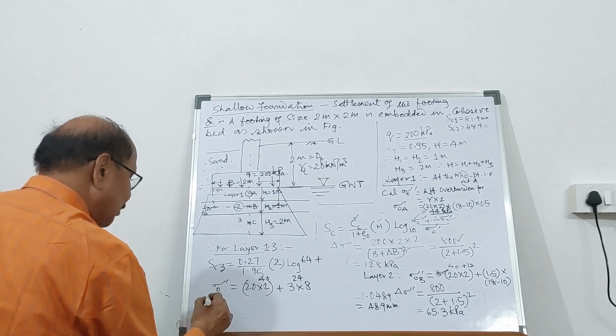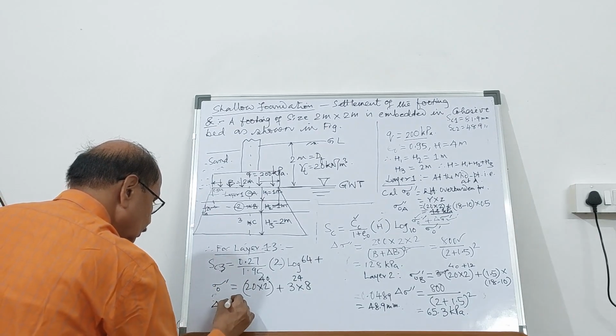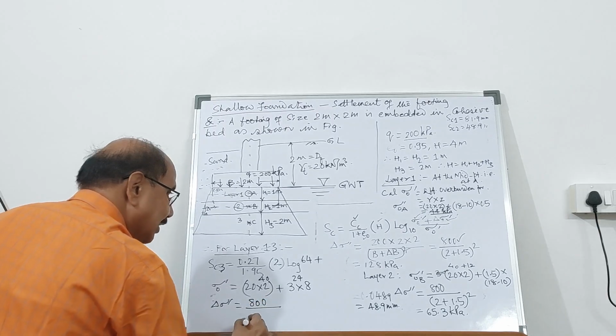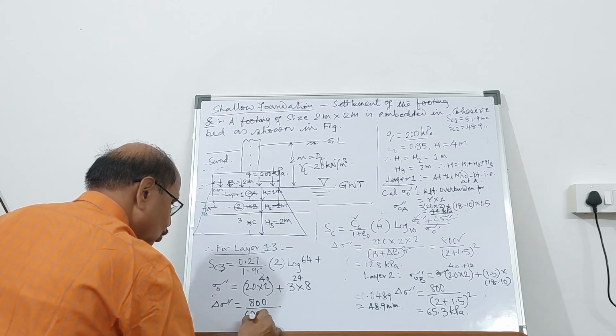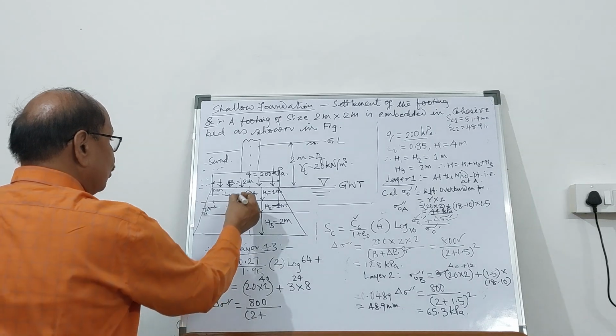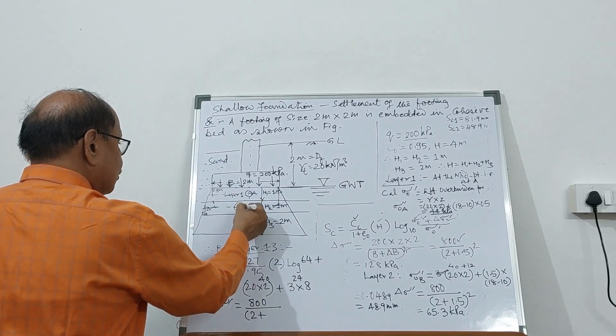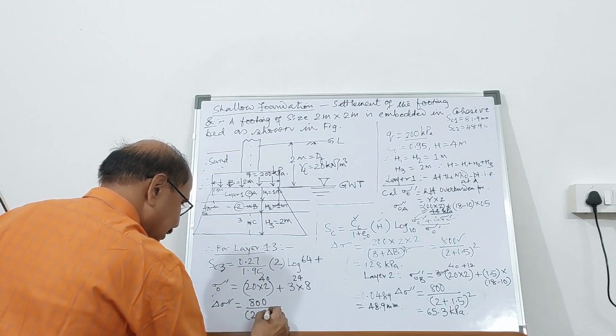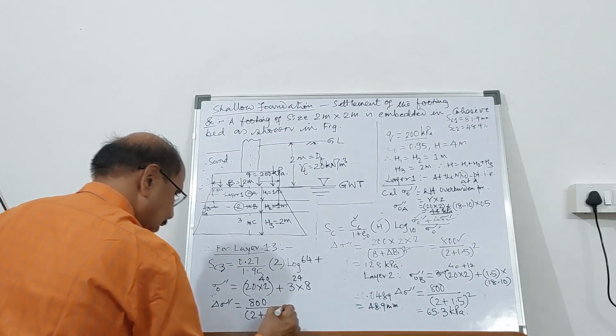So this is 64 plus delta sigma prime, which will be 800 divided by 2 plus the depth, 1 meter plus 1 meter, 2 meter plus 1 meter, 3 meters, so plus 3 whole square.